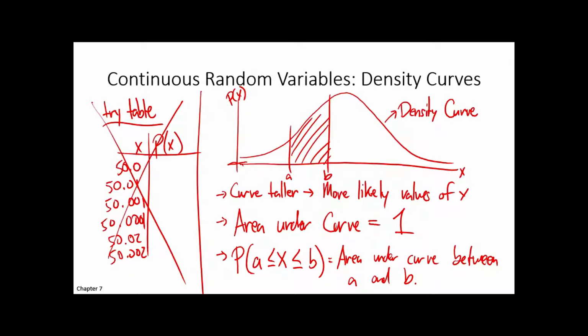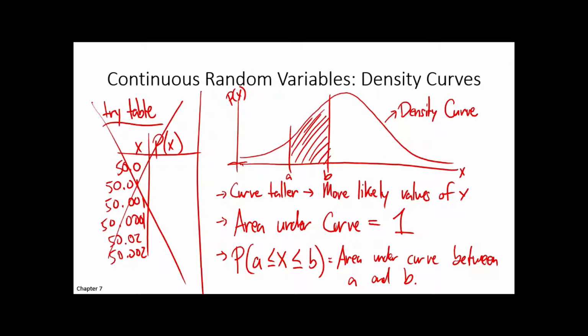So with continuous random variables, because we can't possibly table an infinite number of outcomes, we use a density curve that rises where it's more likely, has an area of 1, and then we can calculate probabilities associated with it by calculating areas under that curve between 2 points. Okay? So this is going to be the idea.